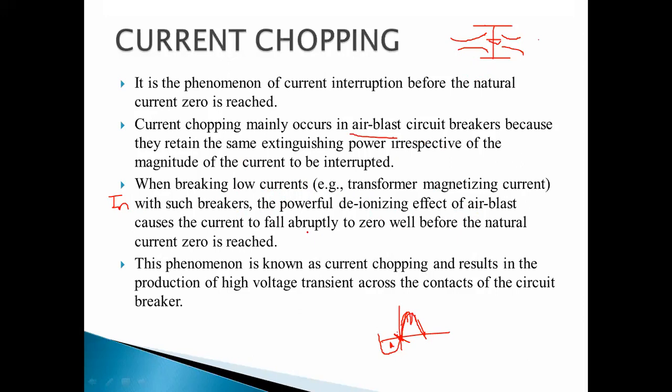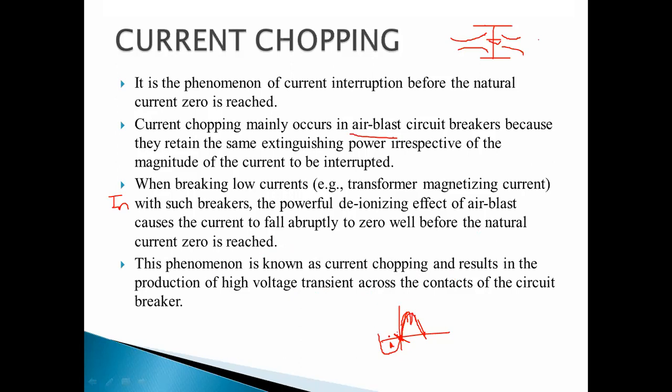So the current becomes zero before the natural current zero. This phenomenon is known as current chopping and results in production of high voltage transient across the contacts of the circuit breaker.